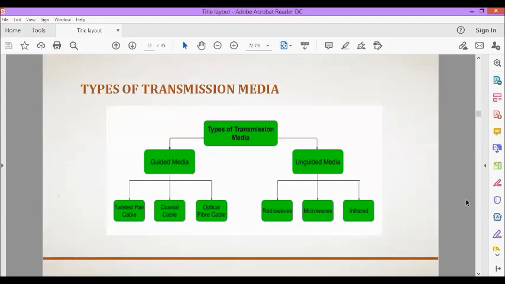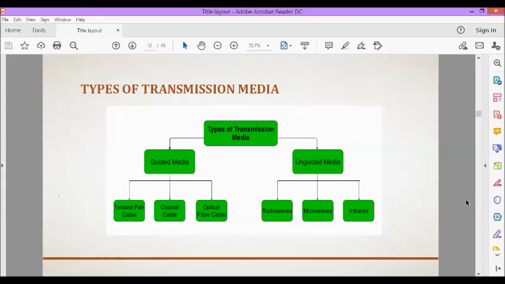So we have here various types of transmission media. In data communication terminology, a transmission medium is a physical path between the transmitter and the receiver. It is the channel through which data is sent from one place to another.